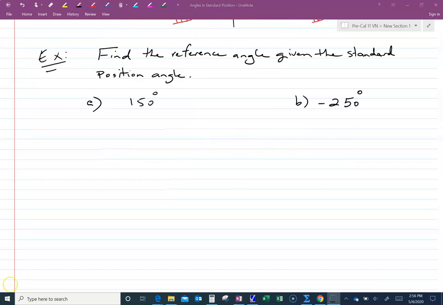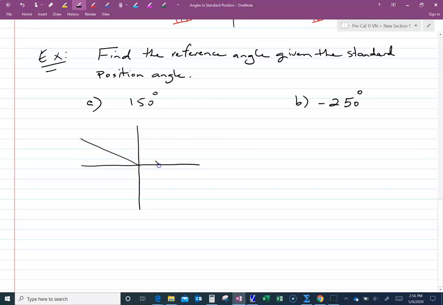Okay, let's look at a couple of examples. We want to find the reference angle to each of these standard position angles. First things first, we have to draw a quick sketch of the standard position angle. When I say quick sketch, that means it doesn't have to be accurate. So 150 degrees is approximately around there. Now remember, it is positive, so its standard position angle starts at the positive x-axis and rotates counterclockwise.